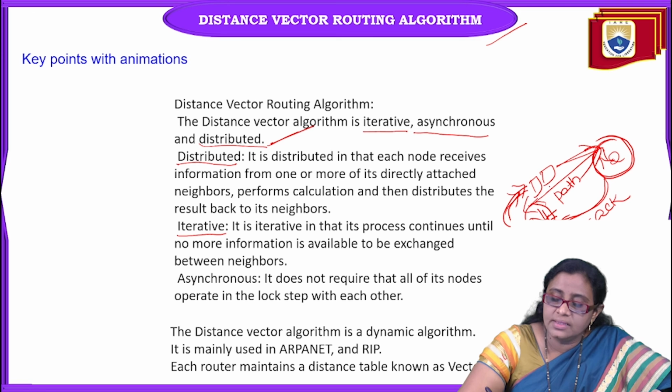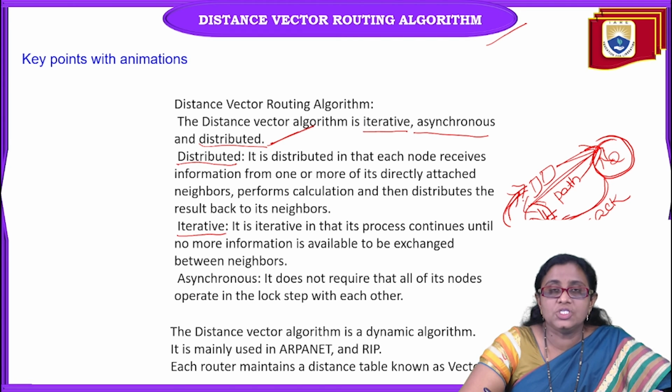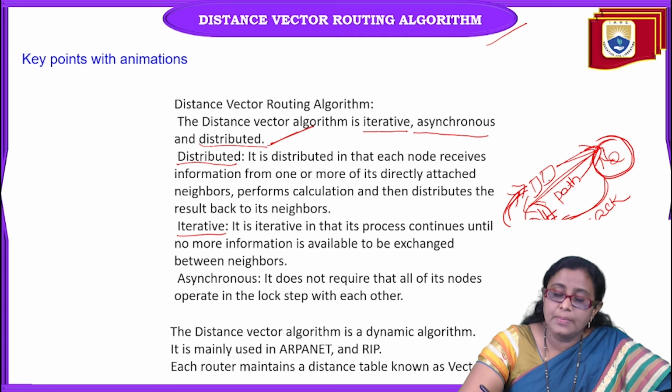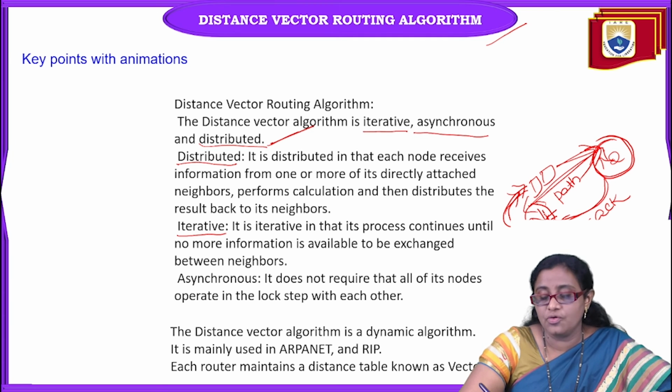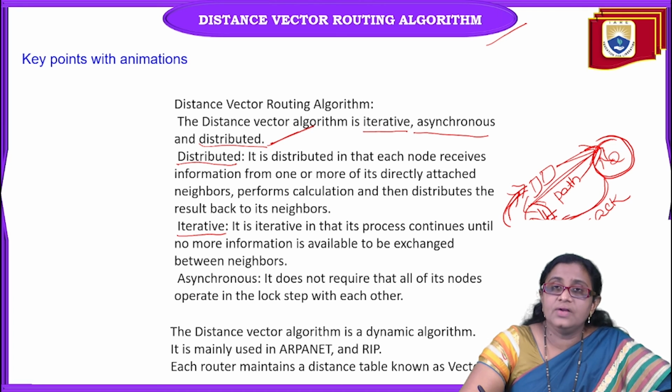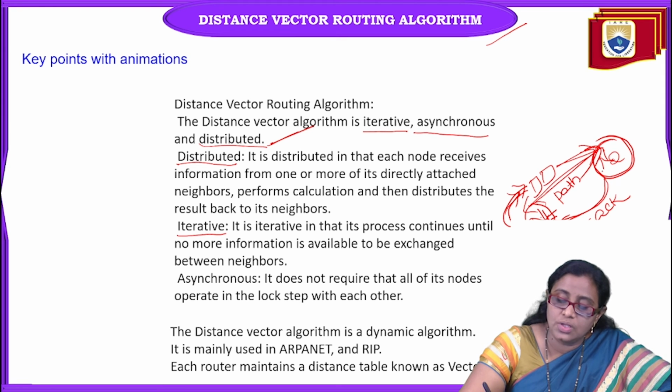If you take the two paths, the message going by means of data packets or data frames from one node to another node needs to reach another node directly attached to its neighbors, from node 1 to node 2. Node 2 acknowledges it back to node 1 and then distributes the result back to its neighboring node.